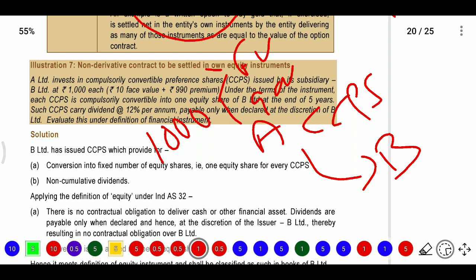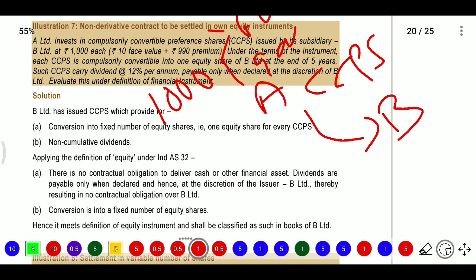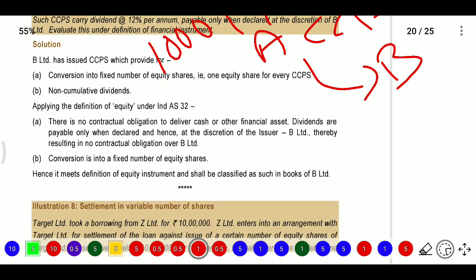So here that subsidiary company will have the right to get the dividend. B Limited issued CCPS which provide for conversion into a fixed number of equity shares, that is one equity share for every CCPS, and there is non-cumulative dividend. As for equity, there is no contractual obligation to deliver cash or other financial assets as of now.